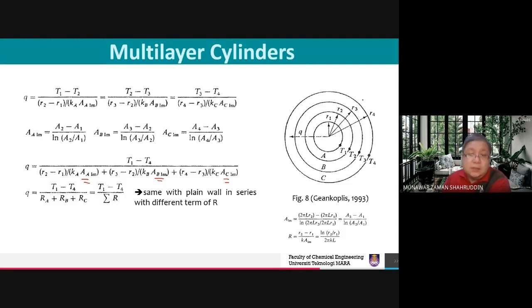RA is in between radius 1 and radius 2. RB is in between radius 2 and radius 3. And RC is in between radius 3 and radius 4. So the thickness matters.